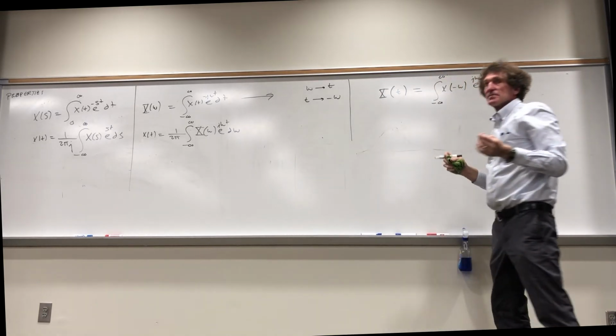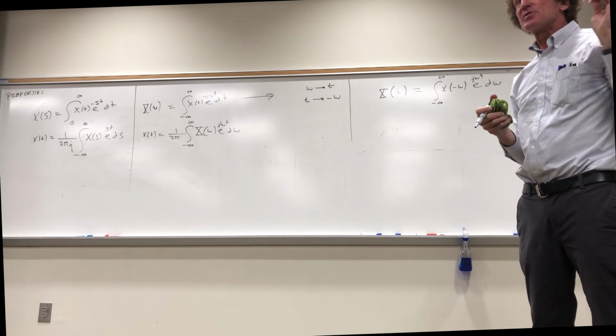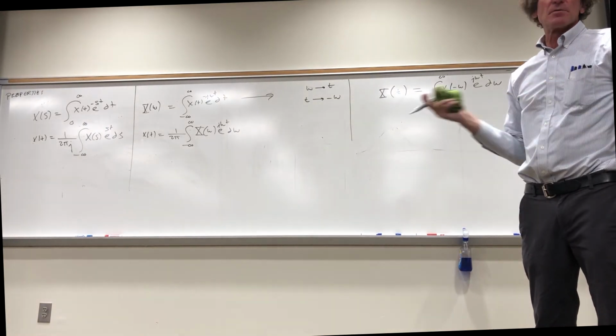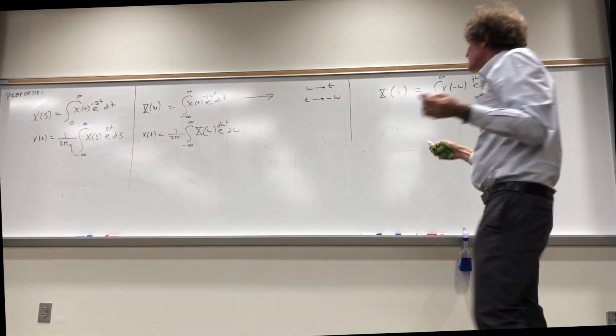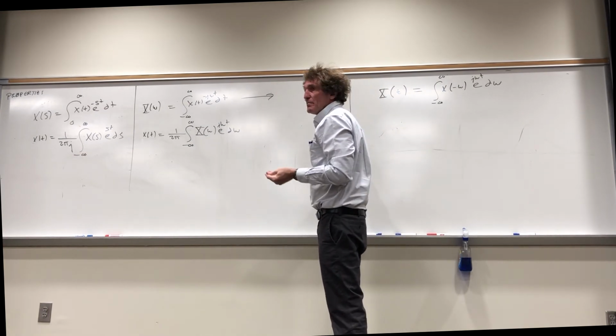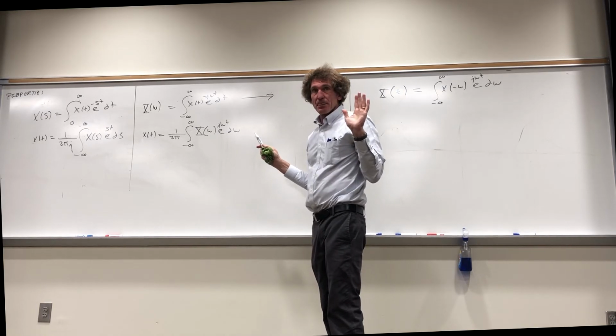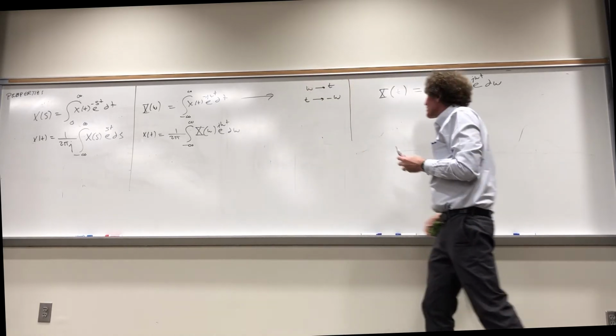Are you with me, class? You're not going to like it. This is duality. I just literally did a switcheroo with variables. I can define variables. I could just as well say w is x and t would be something like k. Doesn't matter what variables I use here. Understand? But here's the reason I chose those.